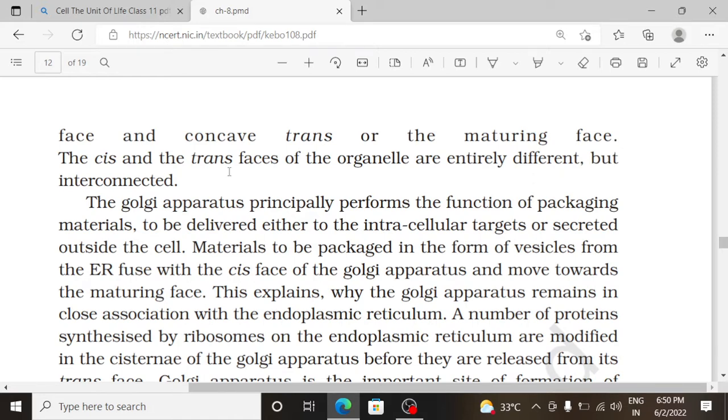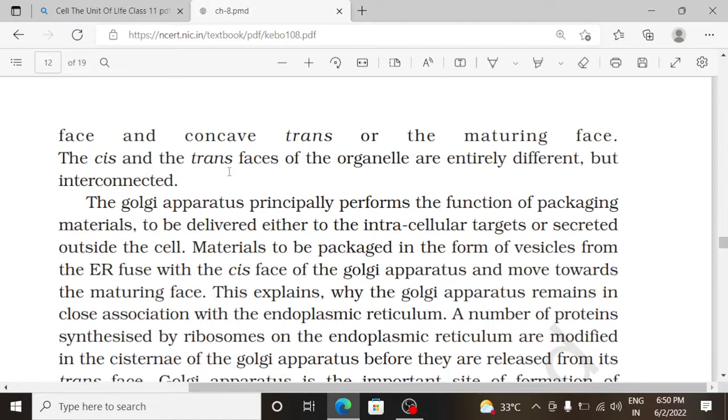The Golgi apparatus principally performs the functions of packaging materials to be delivered either to the intracellular targets or secreted outside the cell. Materials to be packaged in the form of vesicles formed from the ER fuse with the cis phase of the Golgi apparatus and move towards the maturing phase.